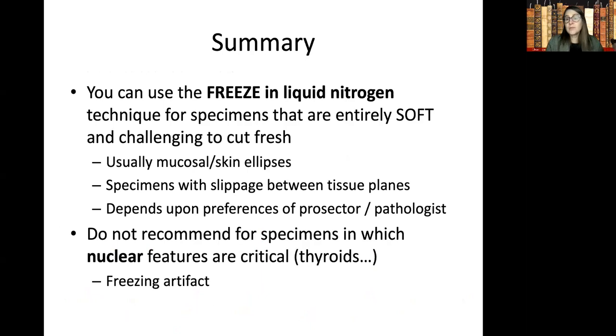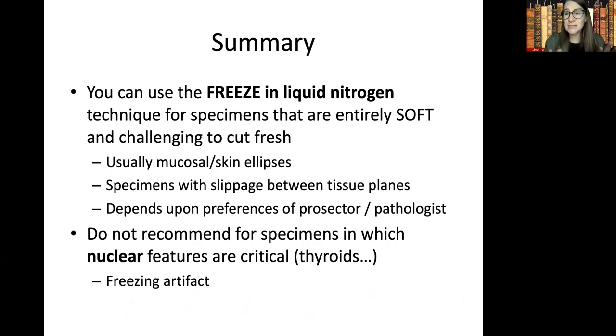All right, so for this technique, you can use the freeze and liquid nitrogen technique for very soft, challenging specimens, whether it be a mucosal or a skin ellipse, where there is slippage between the tissue planes. Certainly this depends upon your preference between the prosector and the pathologist. I wouldn't recommend this for specimens in which nuclear features are critical, like thyroids, for example.